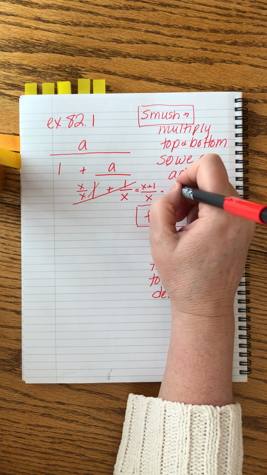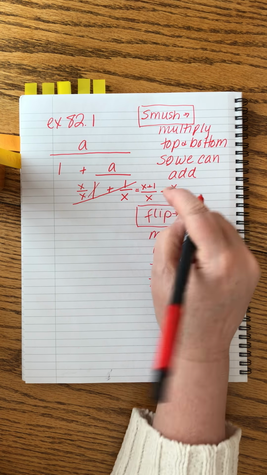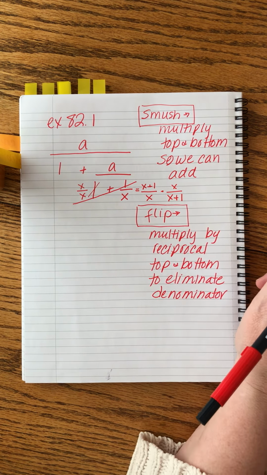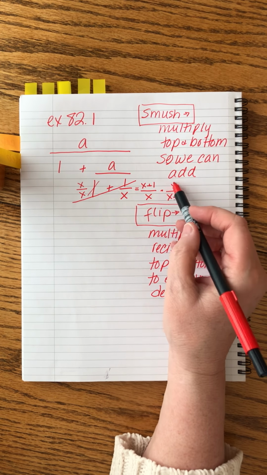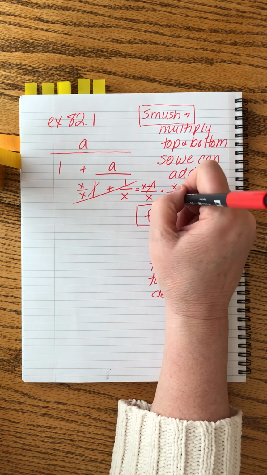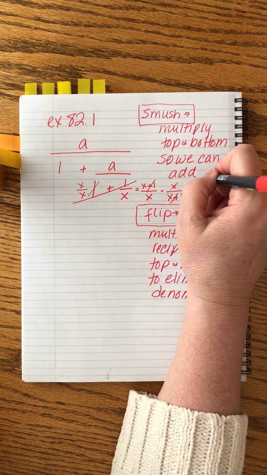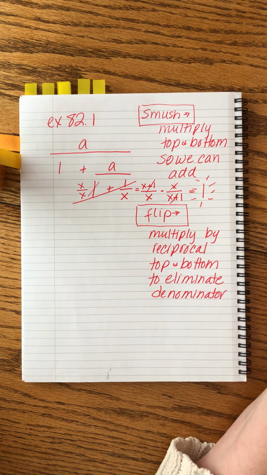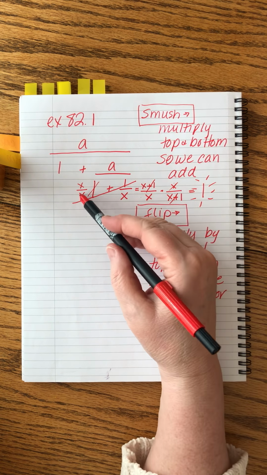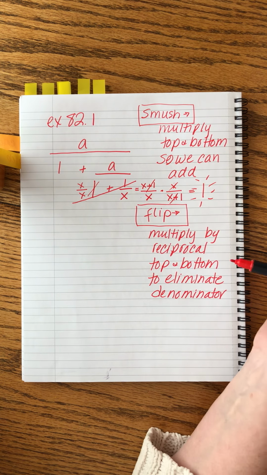So if we multiply this by x over x plus 1, this is going to turn into a 1, right? Because this cancels against that, and this cancels against that. And so this equals 1. Hallelujah, the 1 explodes. It pops like a bubble on a sunny summer day. And now this denominator has gone away. Not the whole thing, but we're making progress, right?